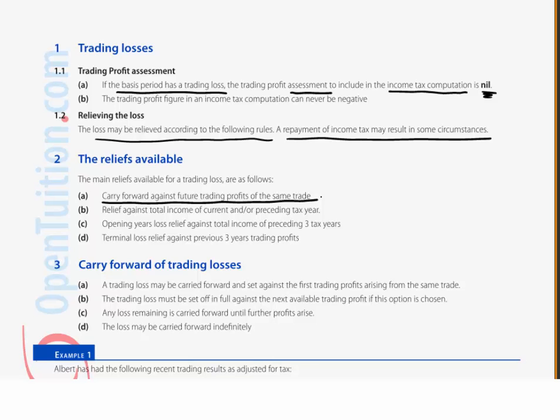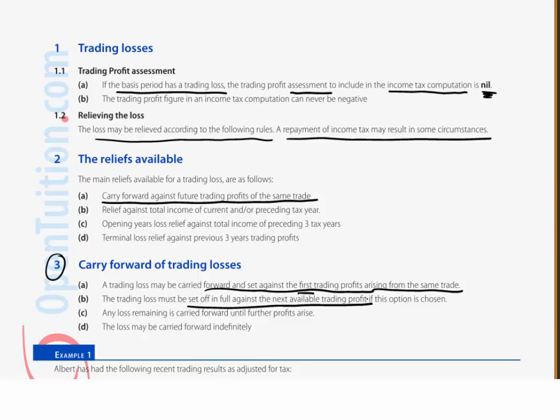Now that is a very simple loss to apply, as we see here in section 3. Carried forward and set against the first trading profit, so it's the next available trading profits from the same trade. When you carry forward, you must set off that loss in full against the next available trading profit.